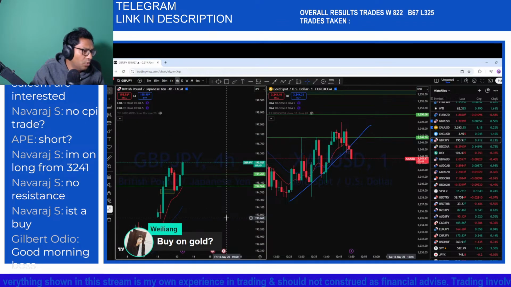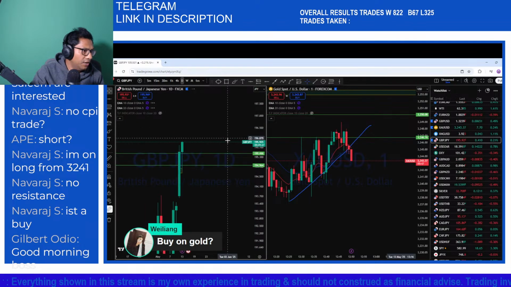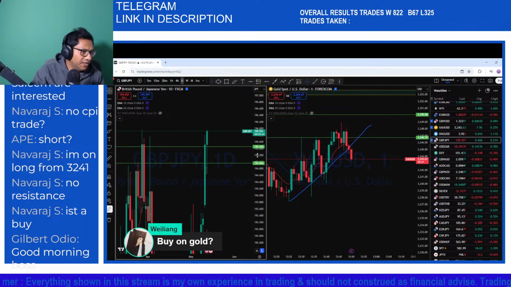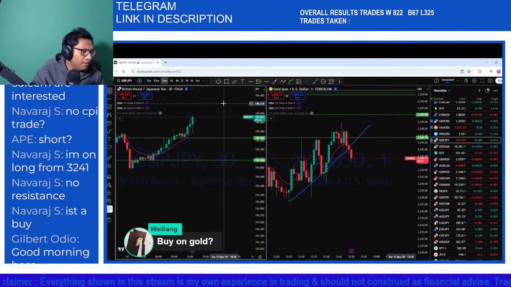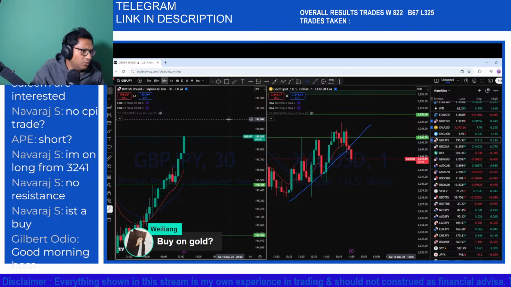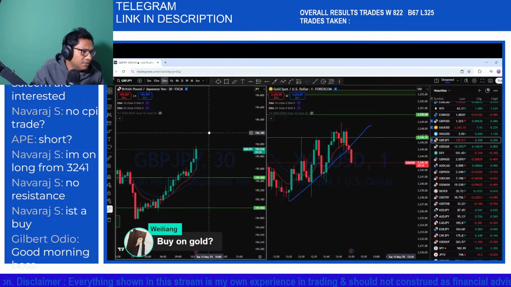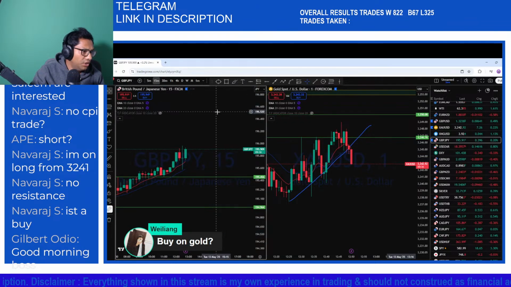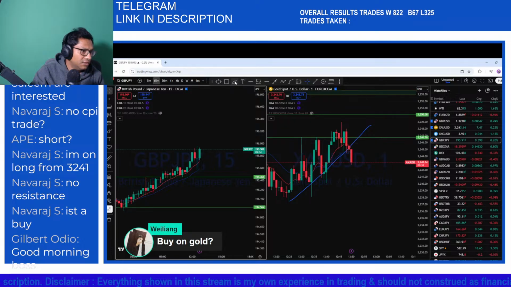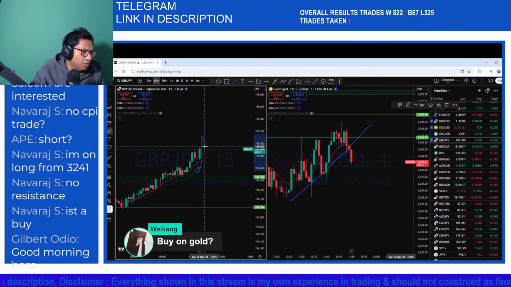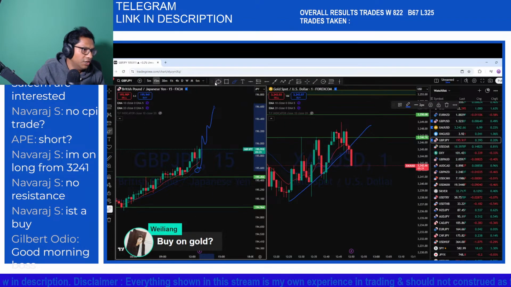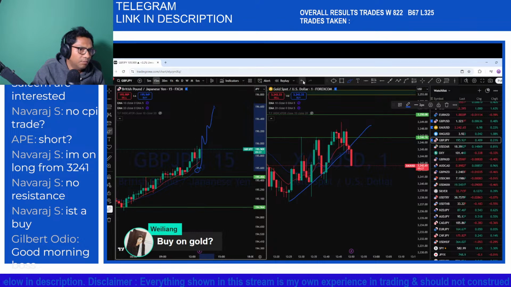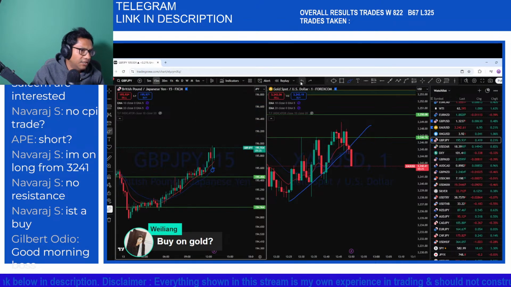So GBPJPY, we can see that it's showing a bullish bias here on GJ. And with that bullish bias, we can see the market from this doji. We may see the price potentially moving back to the upside here.